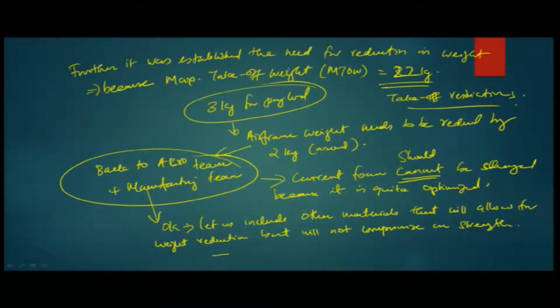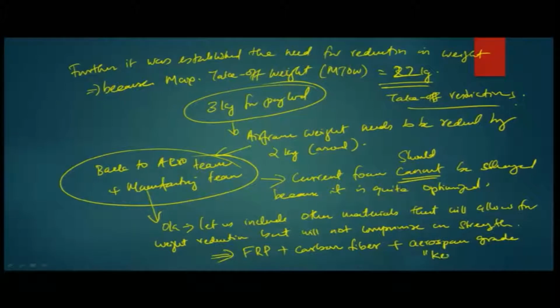So, the manufacturing process got revised to include FRP, fiber reinforced plastic, plus carbon fiber, because when you add carbon fiber with FRP, it will actually give you much more strength, plus aerospace grade.